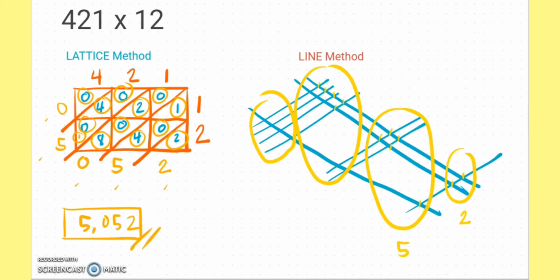From the third group, we have 8, 9, 10. But we take only the ones digit of 10 and the tens digit 1 will be here. 1, 2, 3, 4 plus the 1 earlier, so 5. And write the numbers accordingly. We have 5052. Same answer that we got earlier.